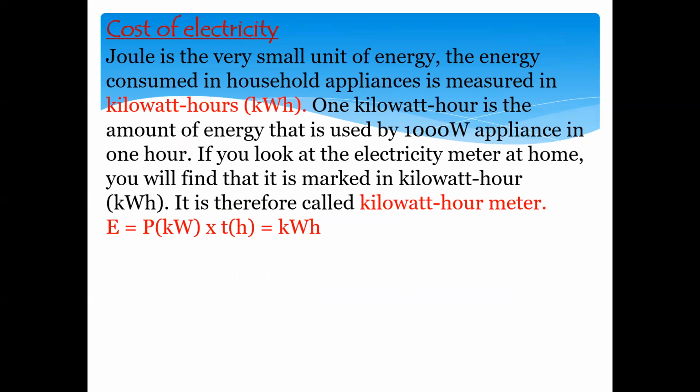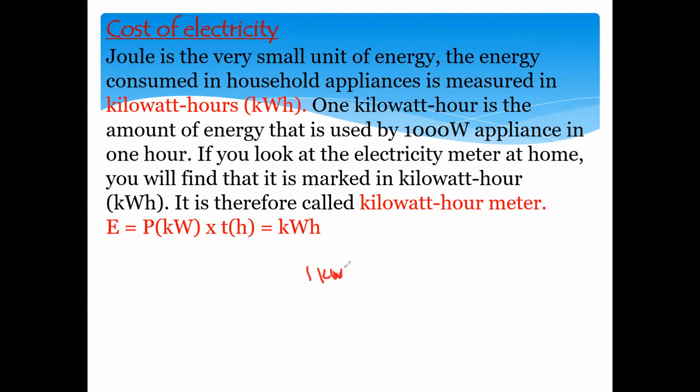Then the cost of electricity: how can we identify how much it costs to use this electricity? 1 kilowatt hour is labeled as 1 unit of electricity. Different countries have a different value for this 1 kilowatt hour. The price for 1 kilowatt hour is different for different countries.